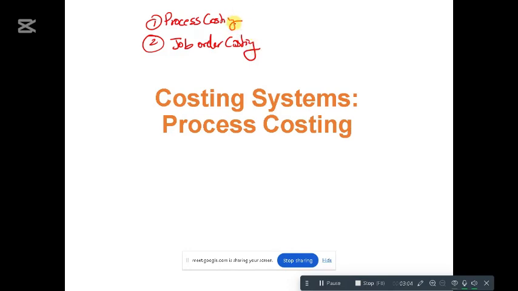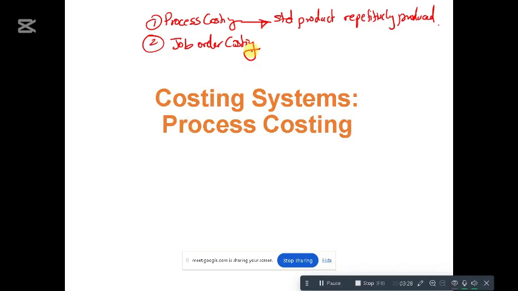When do we use process costing? When we have a standard product repetitively produced. You have a standard design, the same product you keep producing continuously, we apply process costing.